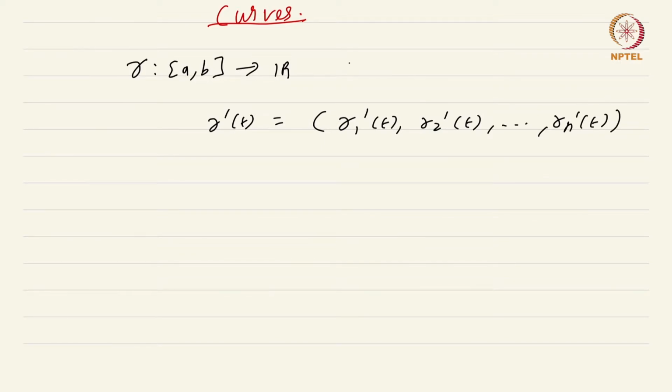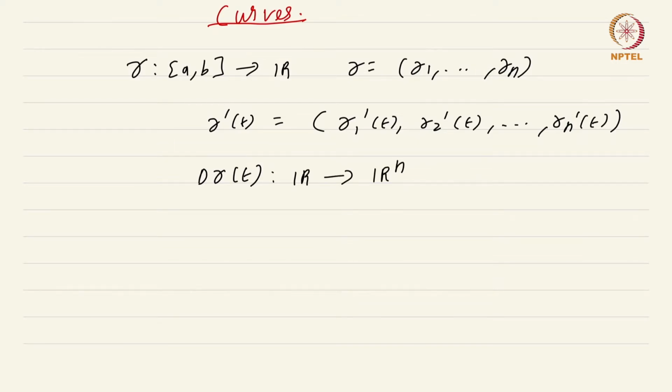Here of course gamma is (gamma 1, ..., gamma n). I'm assuming of course that each one of these functions gamma 1 to gamma n is differentiable on the closed interval [a,b]. Of course, you can also view this gamma prime of t as d gamma at t. D gamma of t, if you recall, will be a linear map from R to R^n.